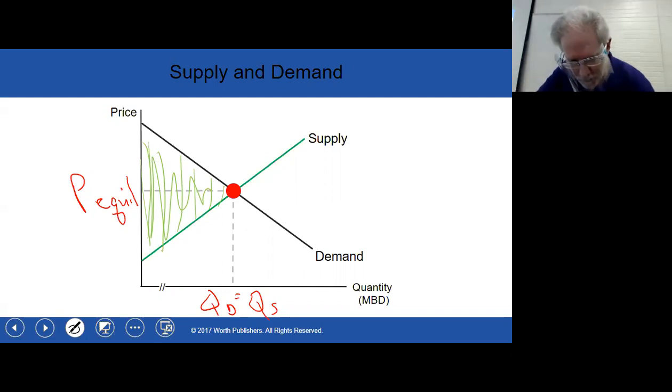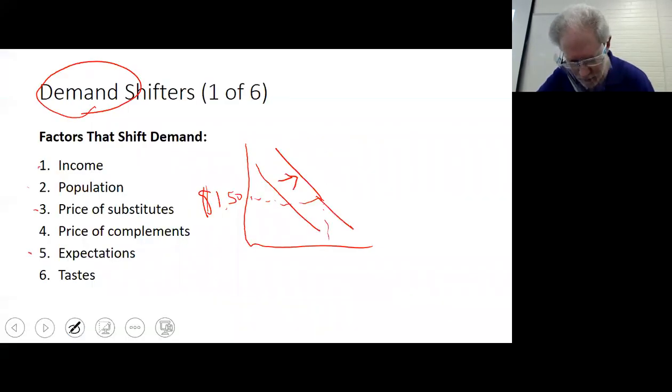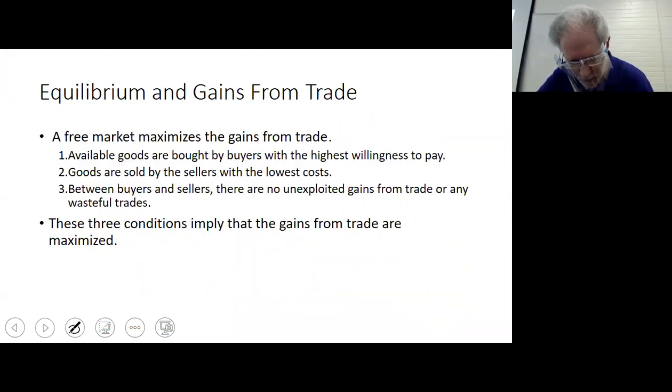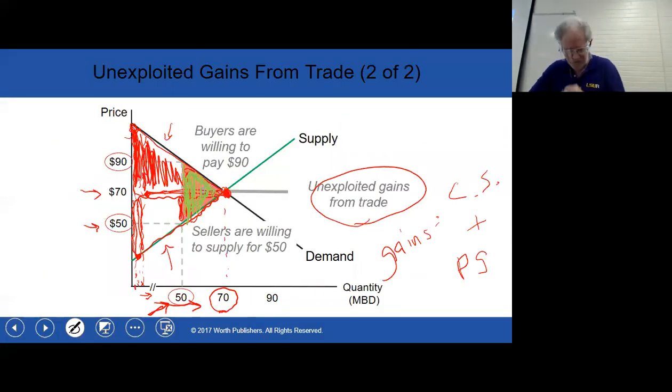If something prevents us from getting to that equilibrium quantity, then a part of those gains that we could have had, we don't get. Okay, so one problem we would like to avoid is having unexploited gains, where the units that we really do want produced don't get produced. We want to try to avoid that.